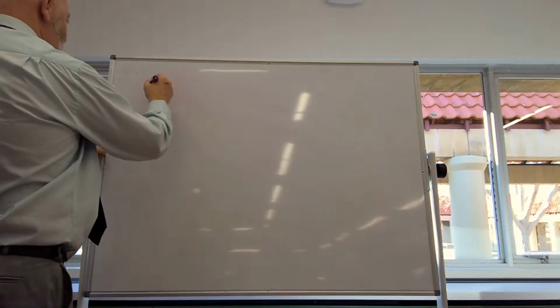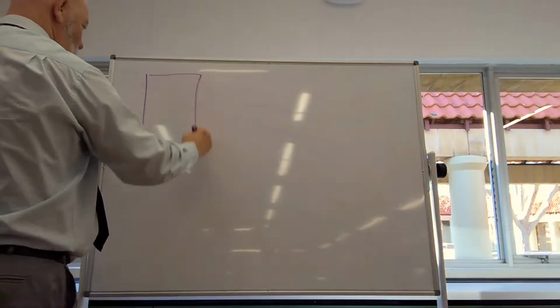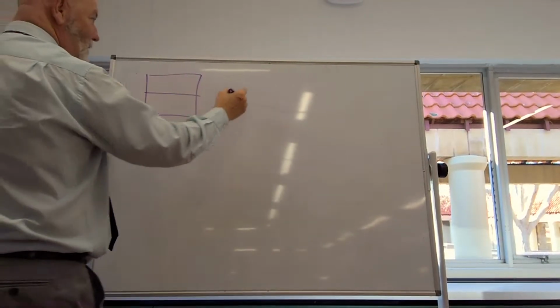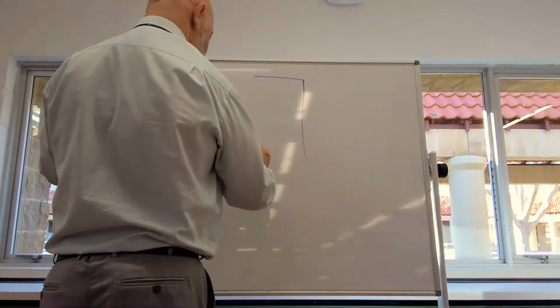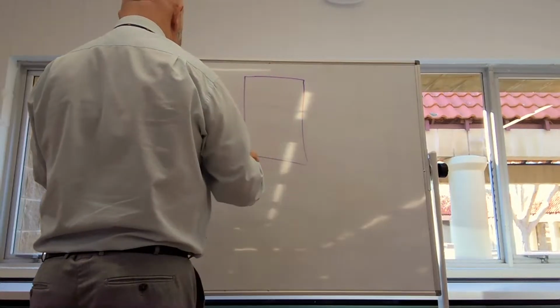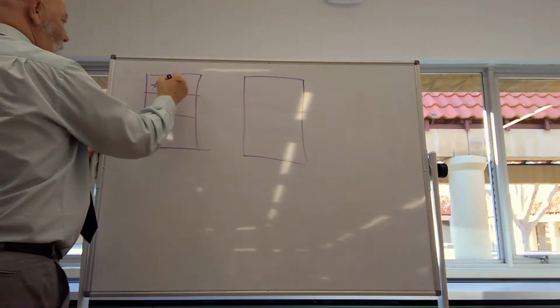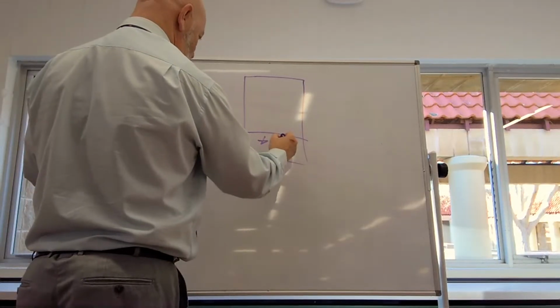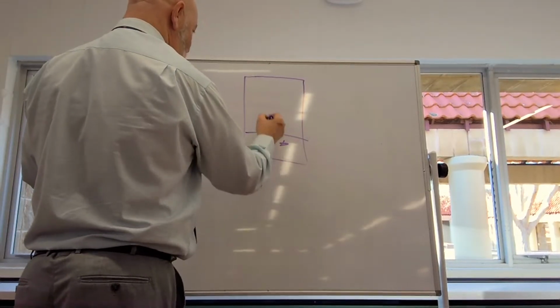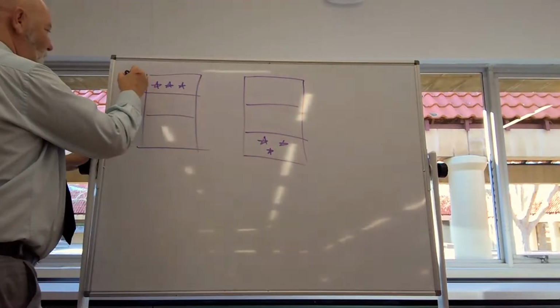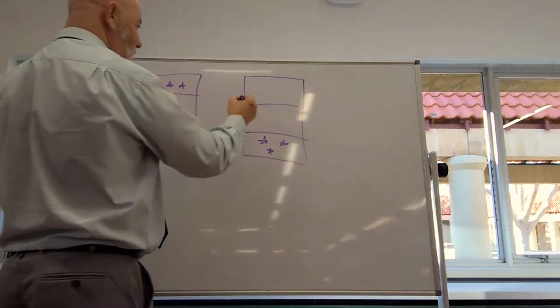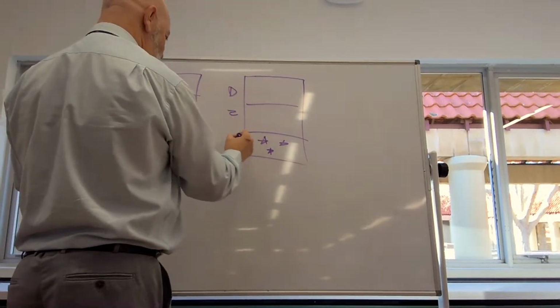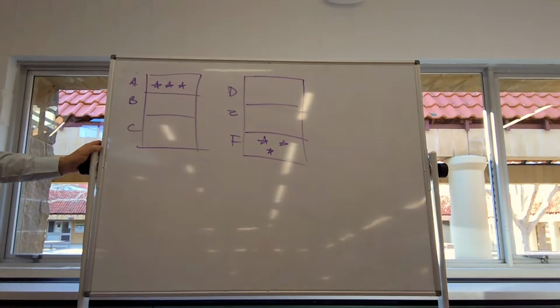So if I had, we'll keep it nice and simple, rock strata from one place in the world. Here is a sample, and here are our stars. And then here we've got them here. We call these A, B, C, D, E, F. Correlate means to match up.